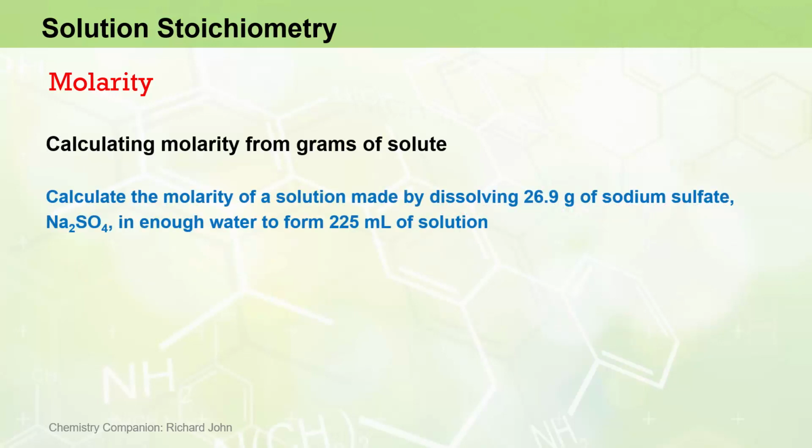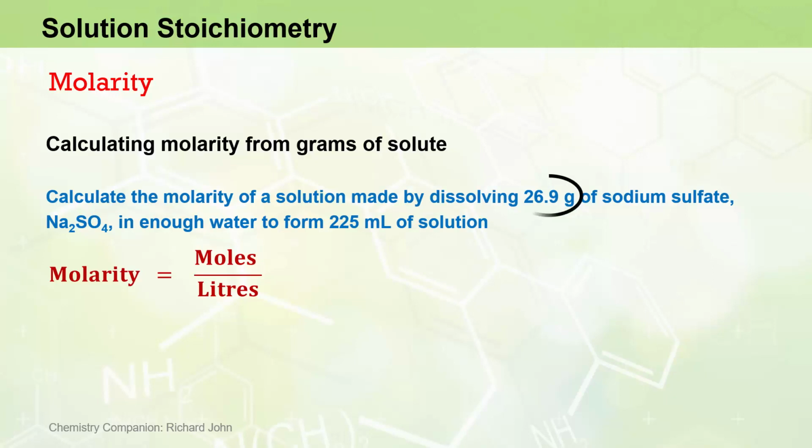So let's look at a typical example of how we would use the molarity equation. Calculate the molarity of a solution made by dissolving 26.9 grams of sodium sulfate, Na2SO4, in enough water to form 225 milliliters of solution. Now, make no mistake about it, when we are calculating molarity, we need both the moles and the litres, and unfortunately, this question gives us neither.